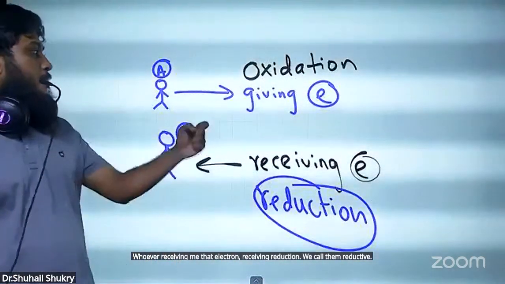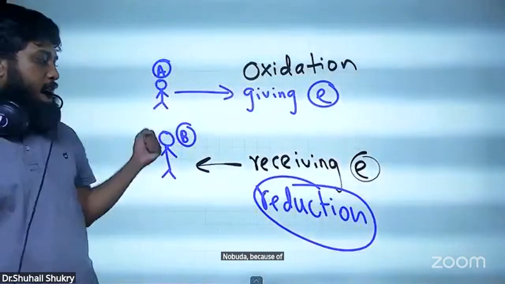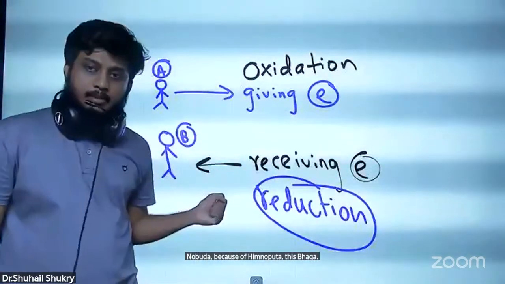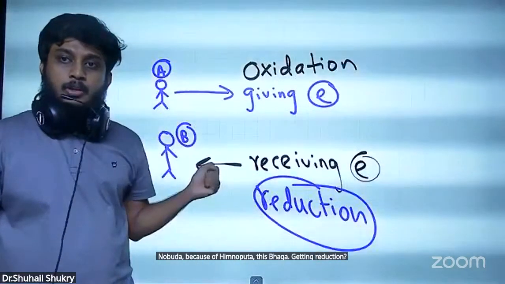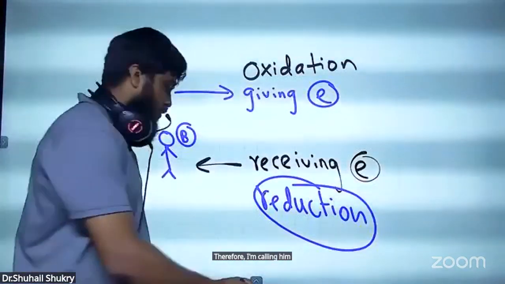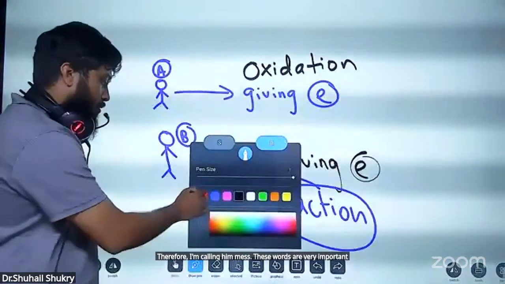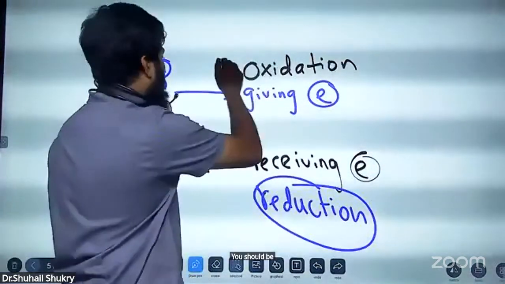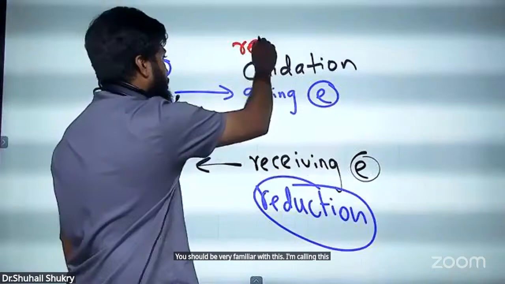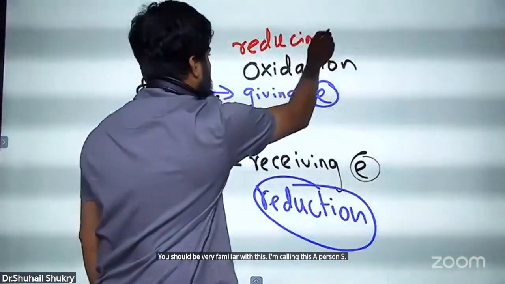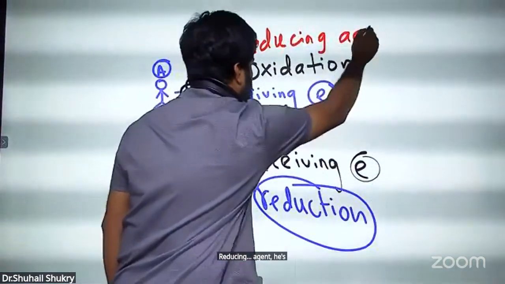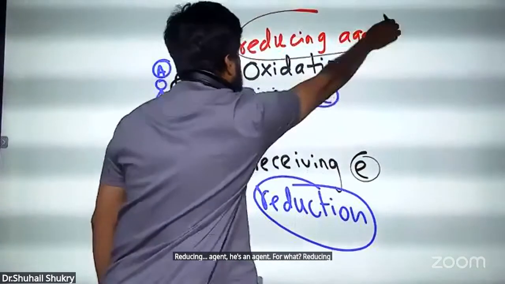Because of him, B is getting reduction. Therefore, I am calling A a reducing agent. These words are very important; hereafter I'm going to use them, and you should be very familiar with them. He's an agent for what? Reducing. He will reduce others.